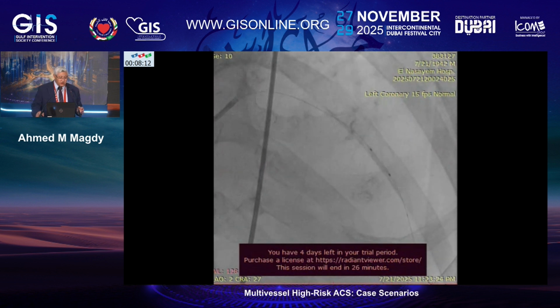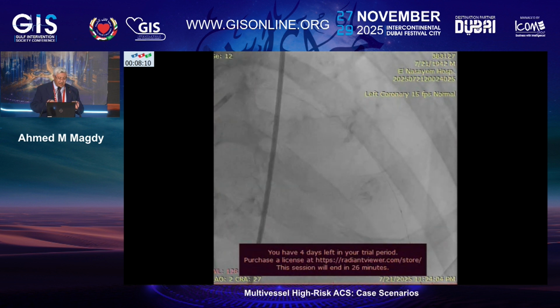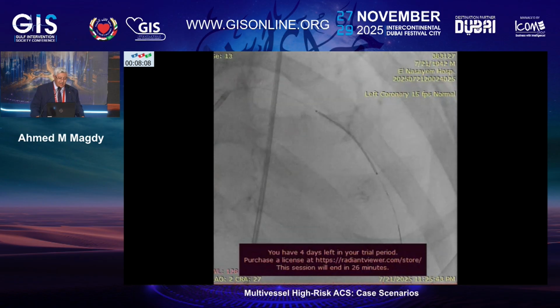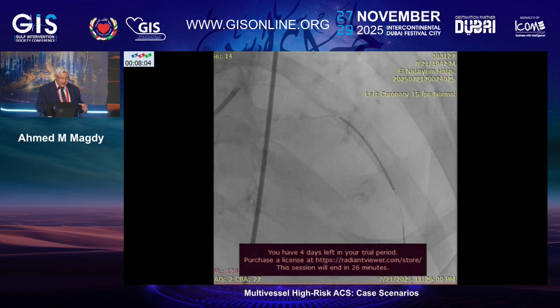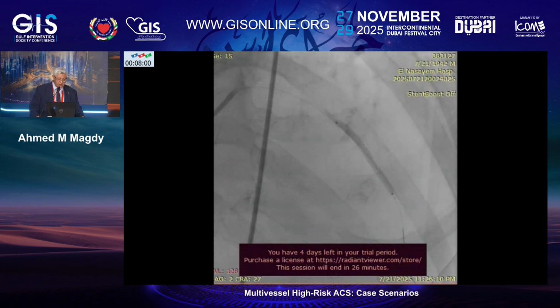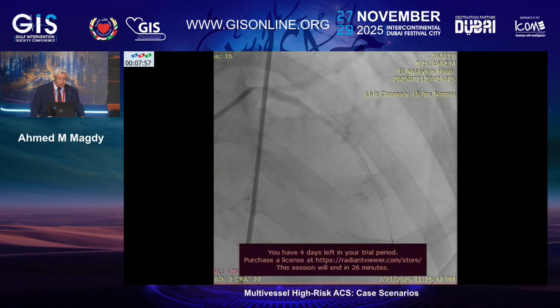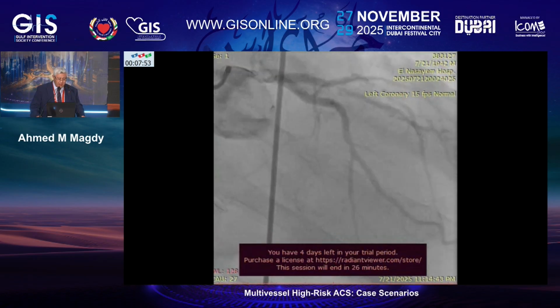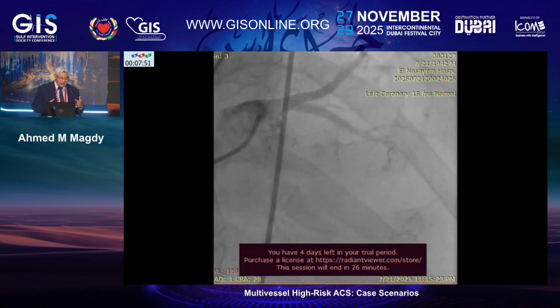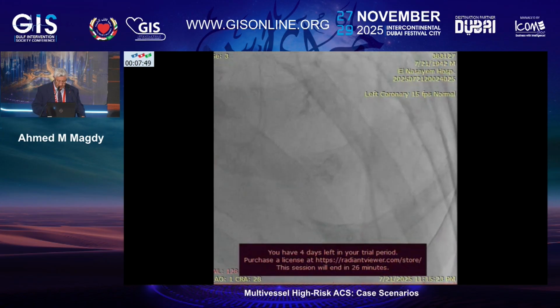Ejection fraction is 20, so let's do the intervention in the shortest time we can. We put him on the table. We didn't need artificial ventilation in a 92 year old patient, and we were able to do this procedure in minutes, and he improved. This was done 5 months ago. Ejection fraction is almost 40% and he is still surviving.